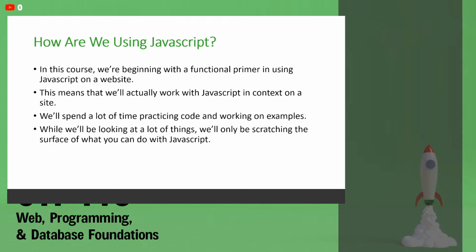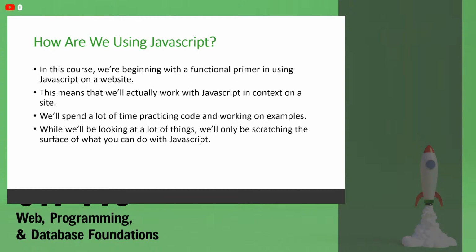Right, but I don't necessarily like working with JavaScript that way when it comes to web development, because we don't work with JavaScript in web development in that sort of way. Right, we work with JavaScript in context on a website. And so when we work with JavaScript in context on a website, that means we're actually adding functionality to websites.